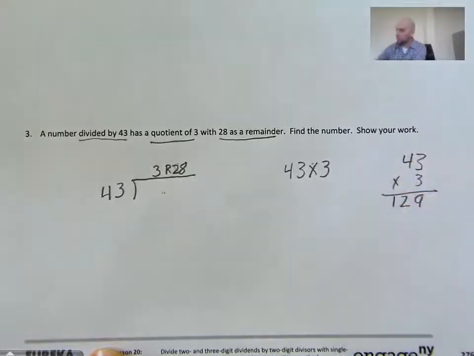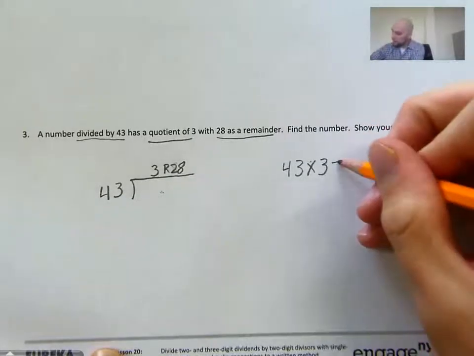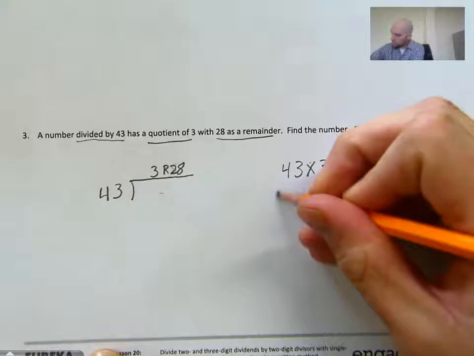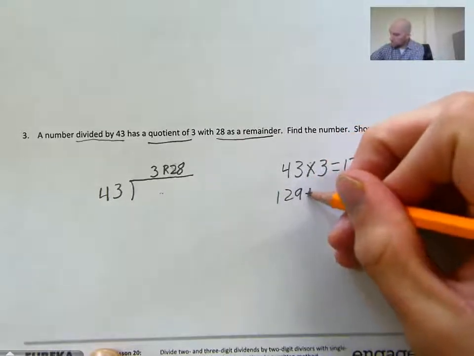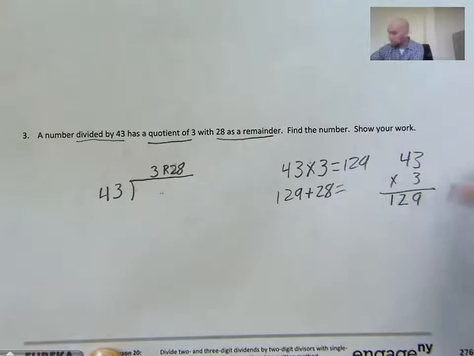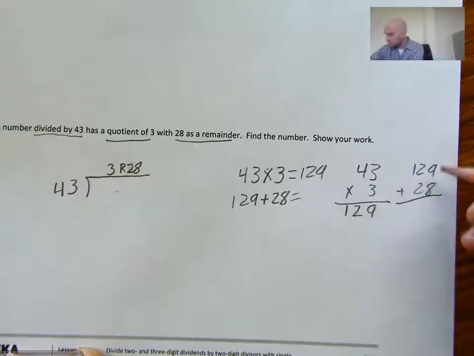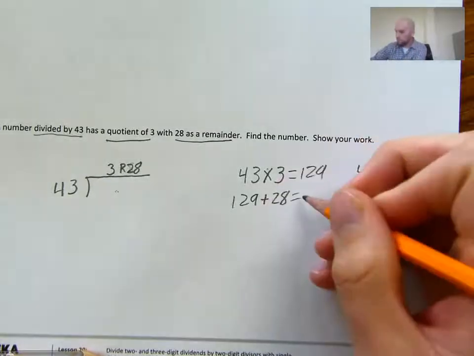I get 129. 129 plus 28. So I'll do over here, 29 plus 28. 17, 5, bring down our 1. We get 157.